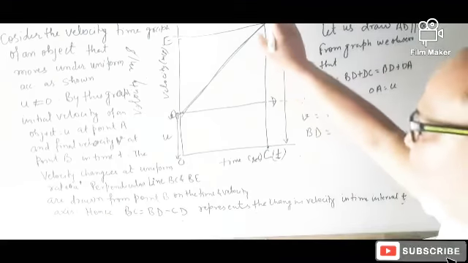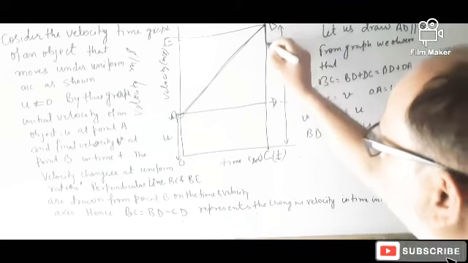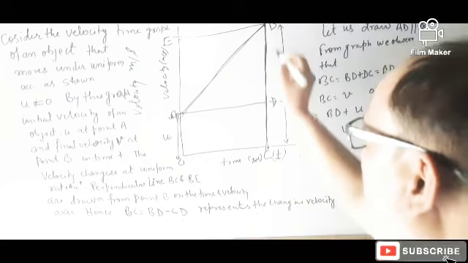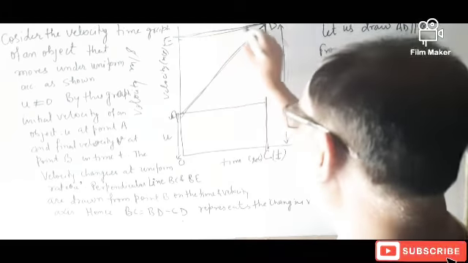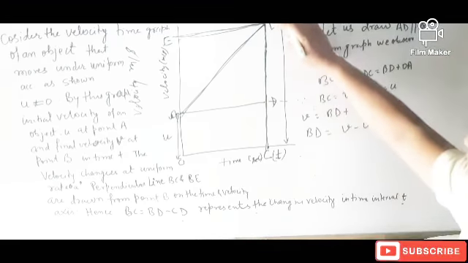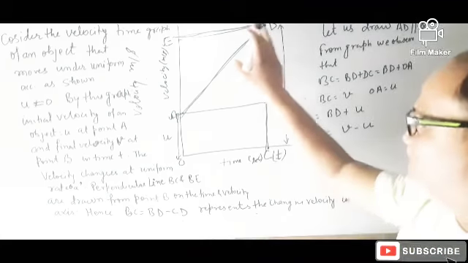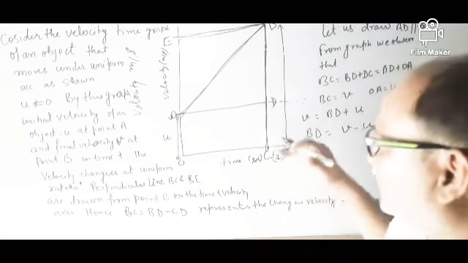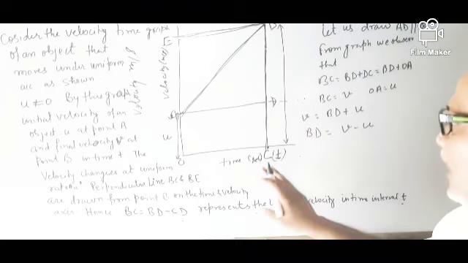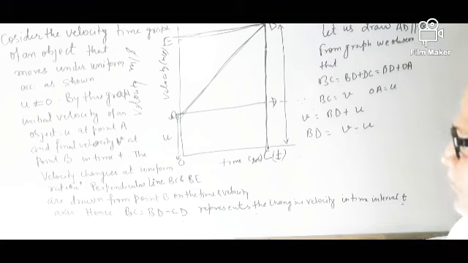From point B we draw two perpendicular lines, BC and BE. Here BE is parallel to the time axis and BC is parallel to the velocity axis.